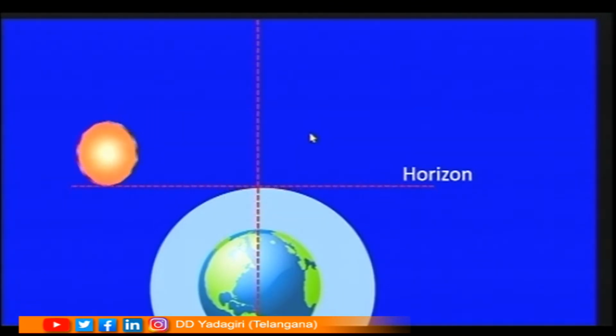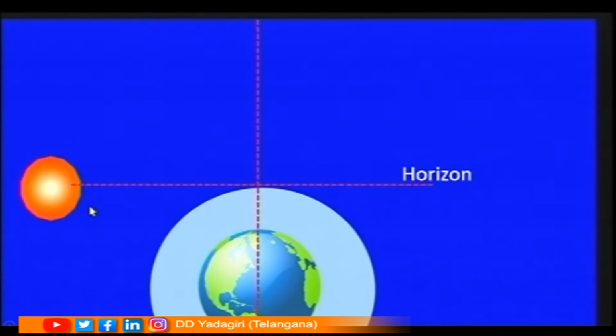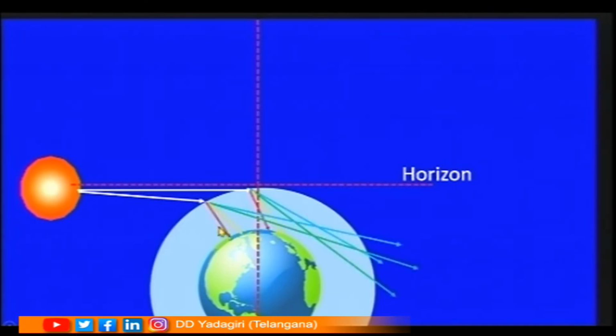But when it is near the horizon, that is at the time of sunset and sunrise, or in the morning and evening, the sun is near the horizon. So the light rays coming from the sun enter the atmosphere, and it scatters the light rays. The red and orange region light rays reach the earth, and the remaining blue region light waves escape from the atmosphere.